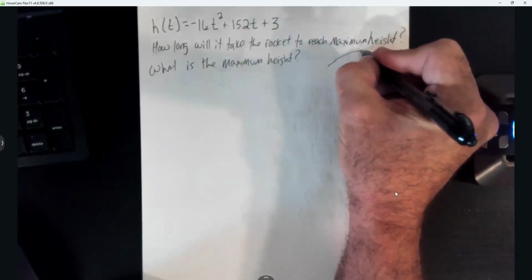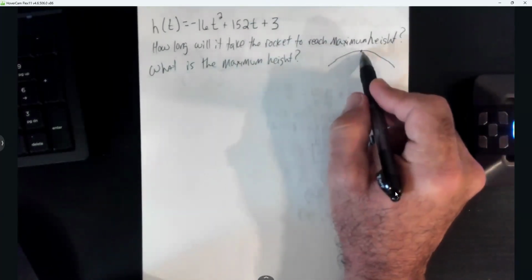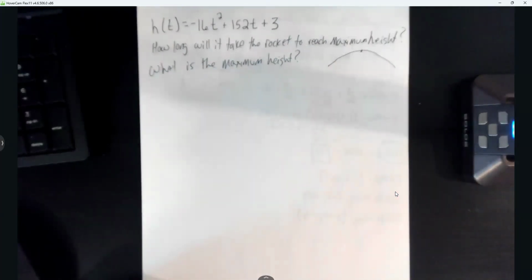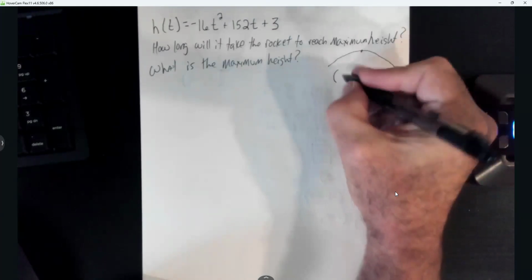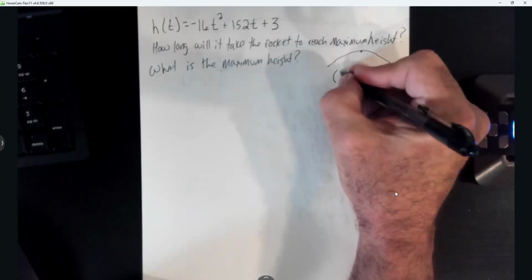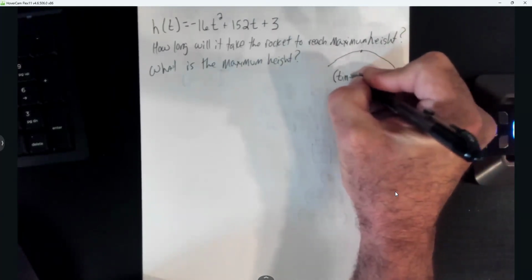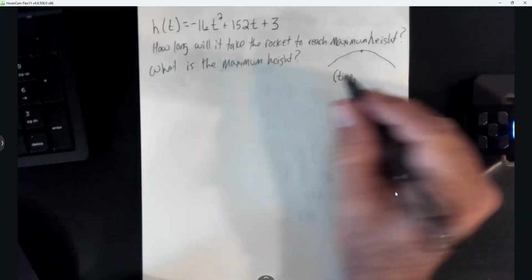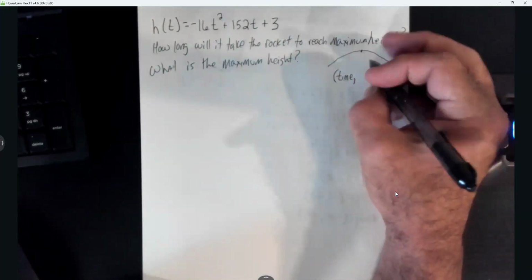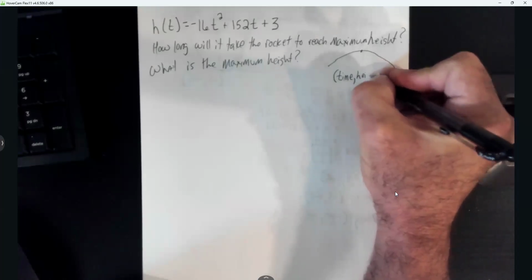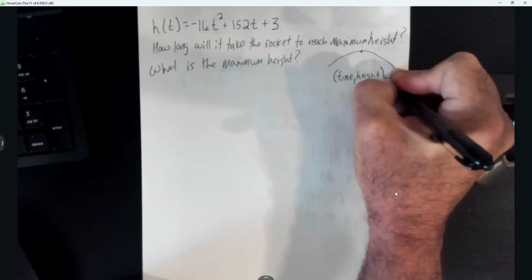What we're interested in is that maximum point, which means we're going to use the vertex formula. So on the vertex formula, our x value will be like the time it takes the rocket to reach maximum height. And then the y value will be the height it reaches.